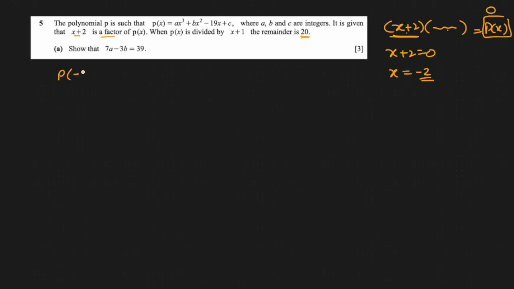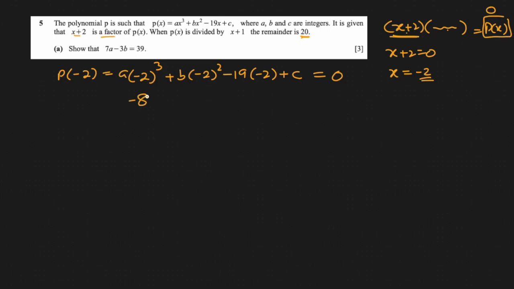So that's what I'm going to do now. So p(minus 2), in place of x I'm putting minus 2 so that this becomes 0. So it will be a times minus 2 cubed plus b times minus 2 squared minus 19 times minus 2 plus c is equal to 0. So it gives me how much?